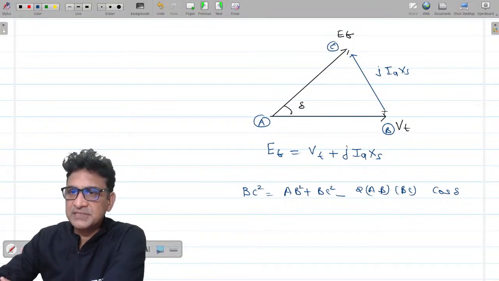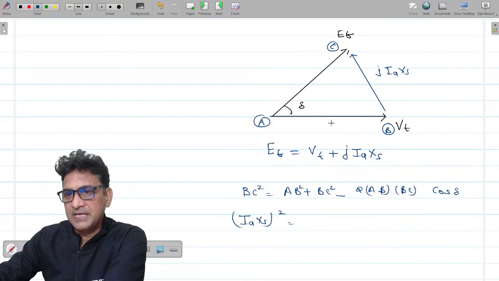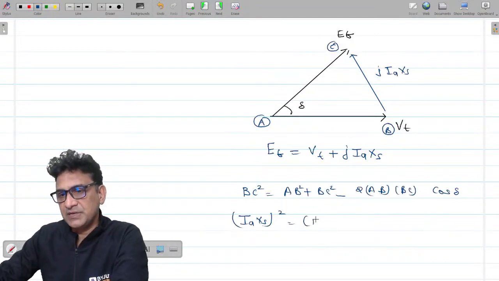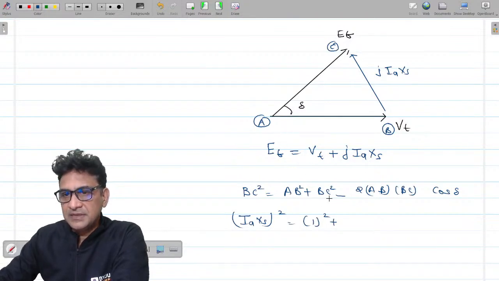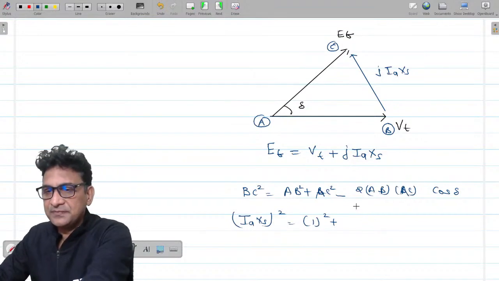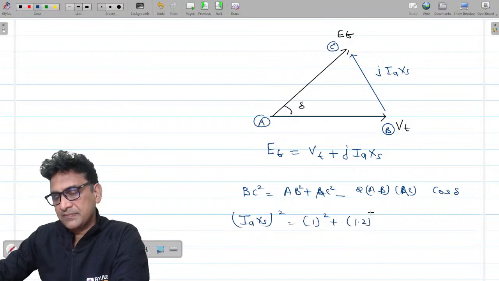Now, what is the BC? BC is IaXs square. AB is Vt square, and Vt is 1, so it is 1 square. AC is EF, and EF was 1.2, minus 2 into 1 into 1.2 into cos delta.